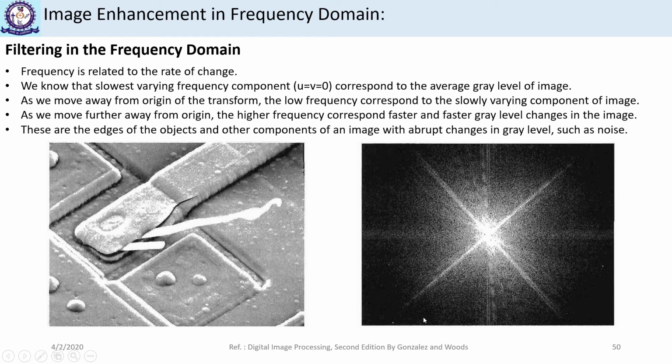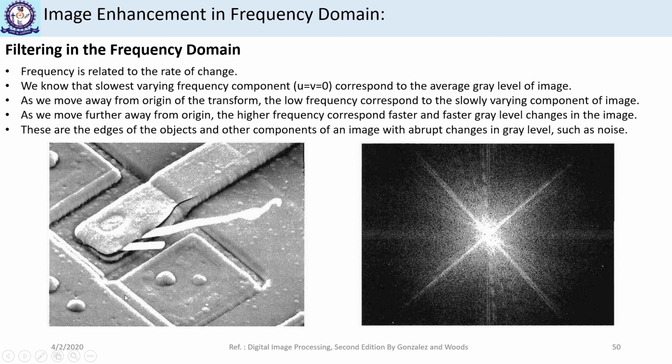Now you see here, this image has a higher average value. Since it has more white pixels, more bright pixels, it will have a high average gray level, so it is represented by a high intensity.